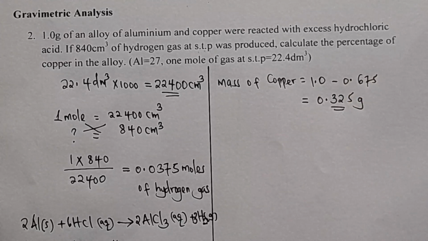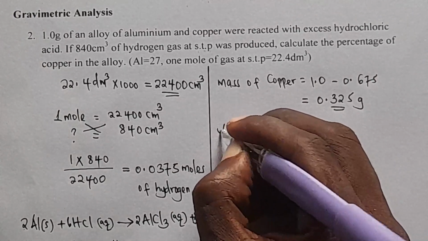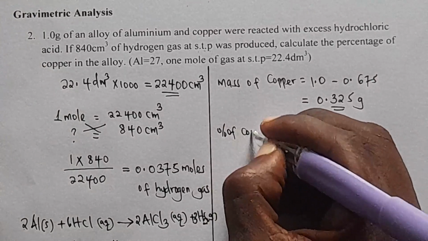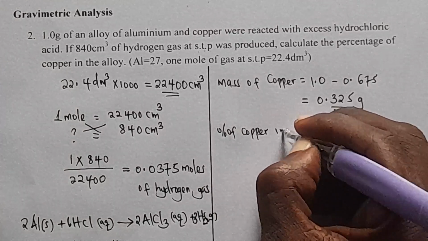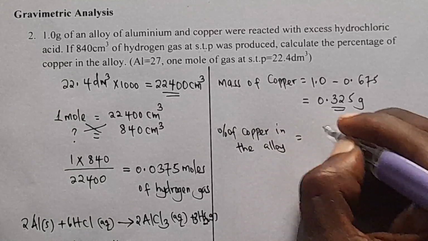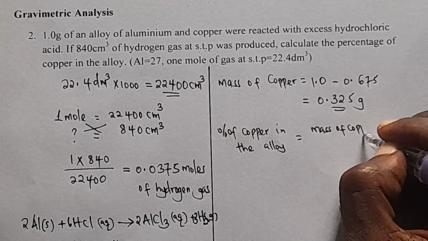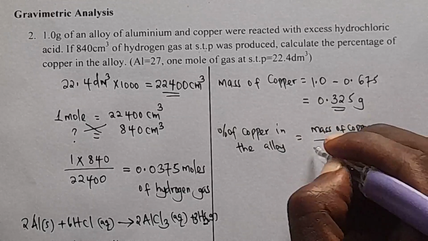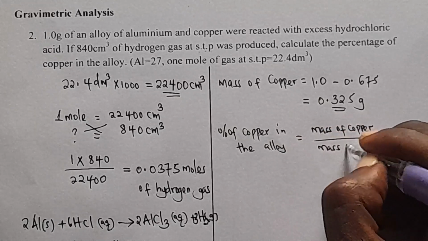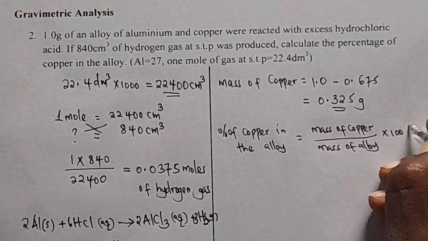So if we want to get the percentage of copper in the alloy, we are supposed to take the formula as mass of copper metal divided by the mass of alloy multiplied by 100%.